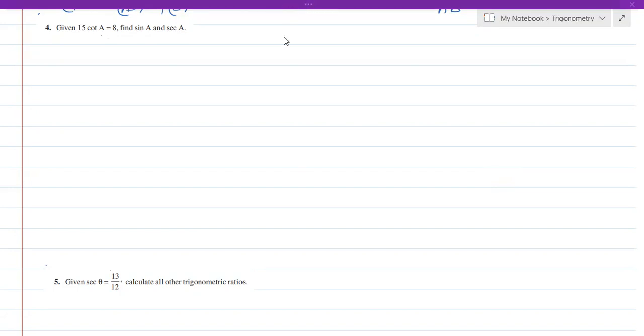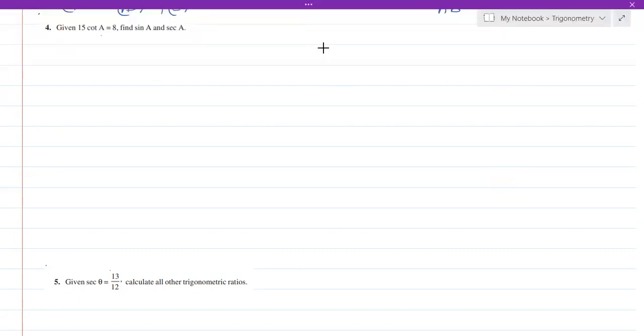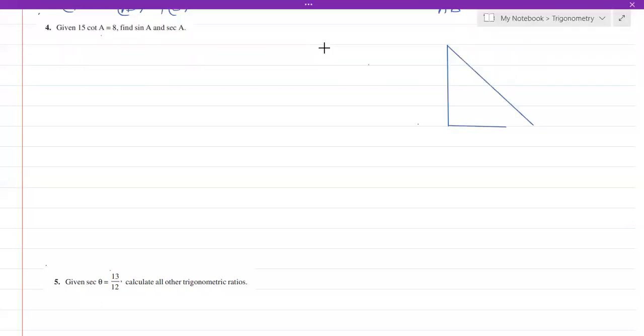So basically let's draw a right angle triangle. So we have taken a right angle triangle here.